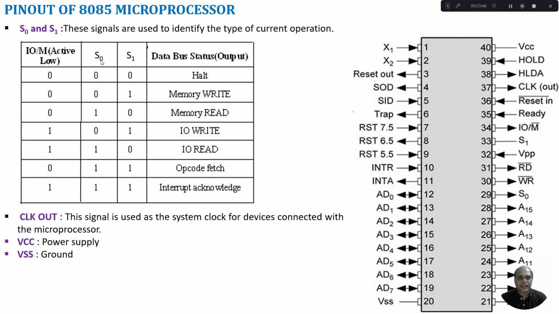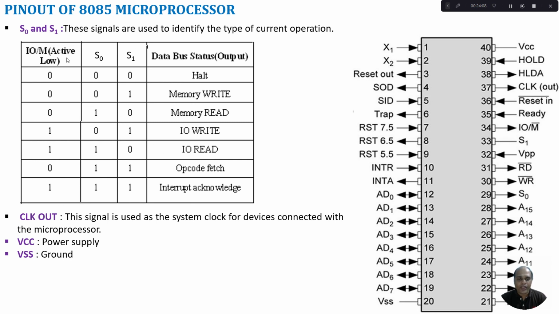Depending upon the status lines S0 and S1, if it is 00, then the CPU is in halt state. If it is 01, a memory write operation is being performed. If it is 10, a memory read operation is being performed. If it is 11, then an opcode fetch is being performed.